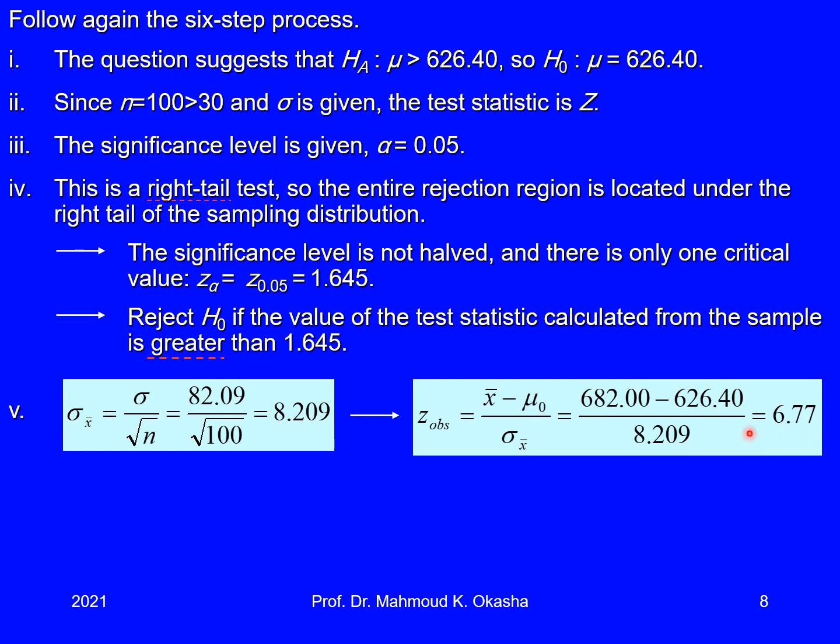6.77, which is definitely much greater than the tabulated Z, which is 1.645.